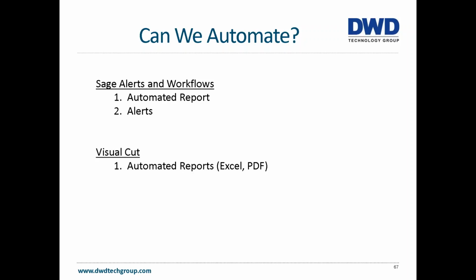So when I received that email about Mary changing the credit limit, it told me what it was before and what she changed it to. Visual Cut doesn't maintain that information. It doesn't know what it was and what it is. It just knows what it is. So there's a big difference in those two things.